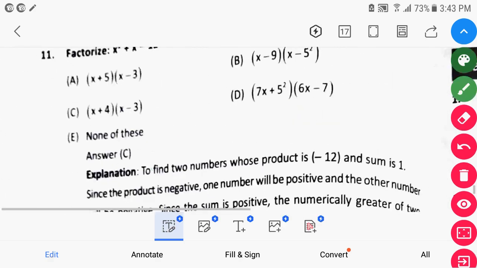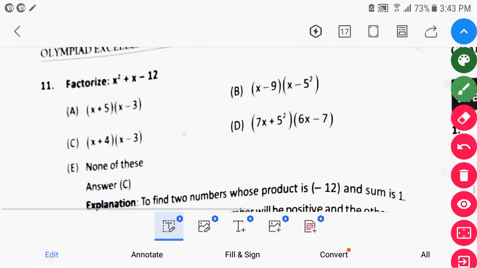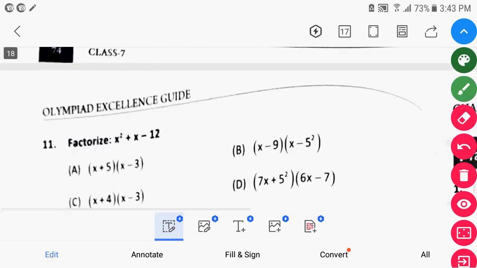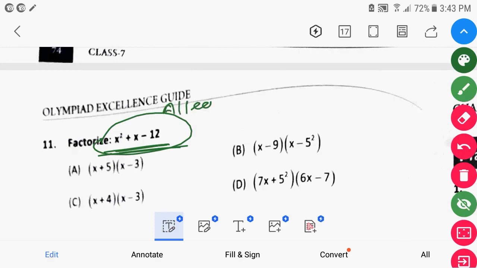Now we'll move to some more factorization examples. Now see the different example. See x square plus x minus 12, and we have to factorize this algebraic expression. Now the first step is to multiply the coefficient of x square and this constant.